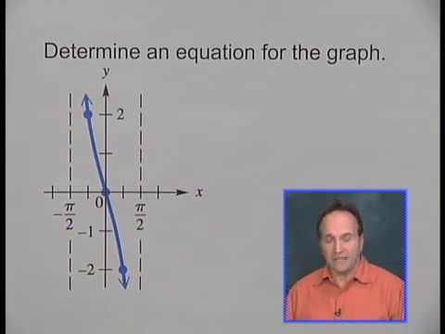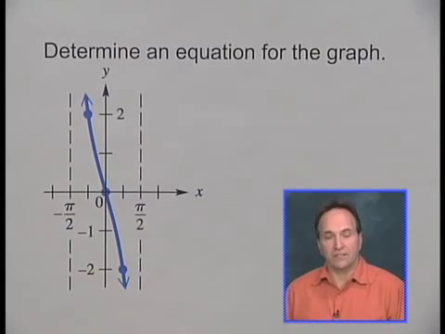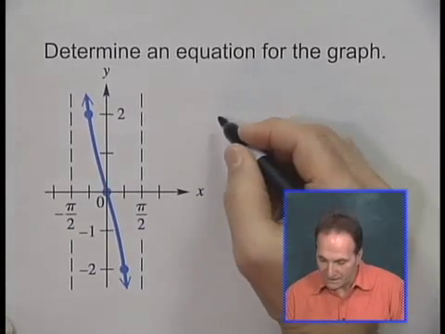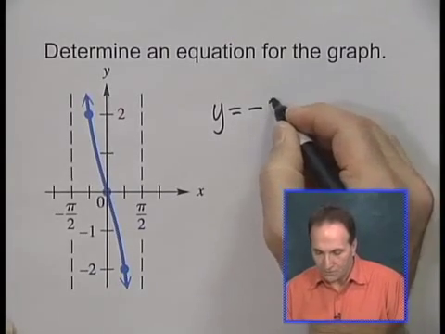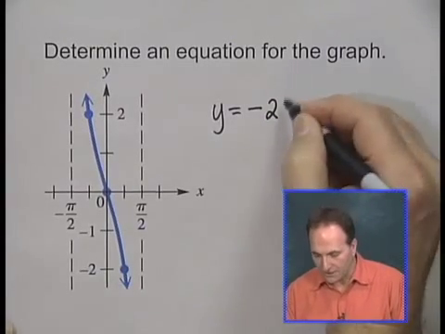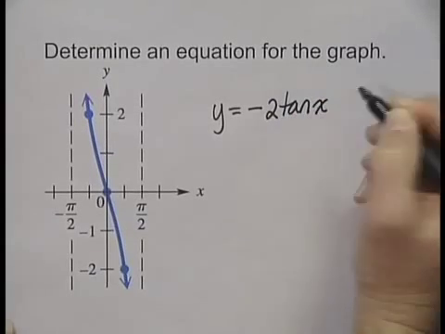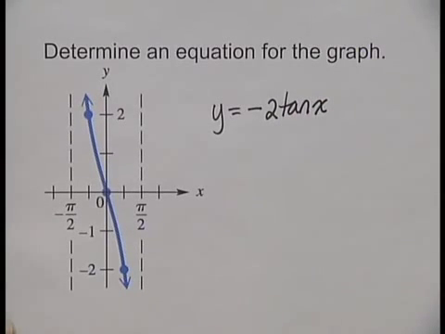So what that means is that the equation for this graph would be y equals negative for the reflection, 2 for the stretch, and then simply tangent of x. So y equals negative 2 tangent of x.